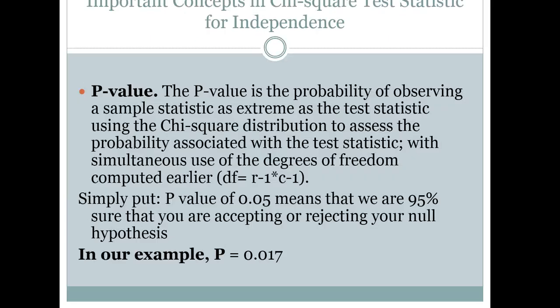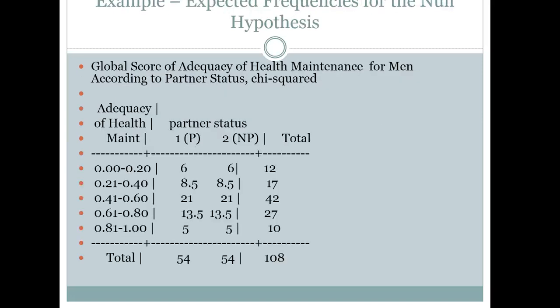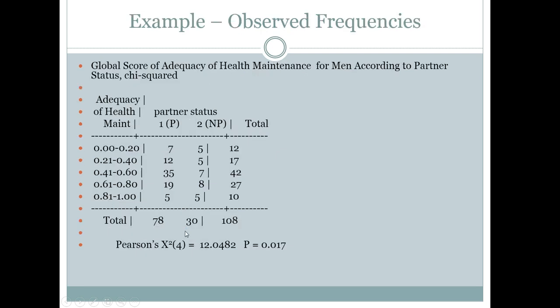So if we go back to our data set, it looks like we have so many partnered status men who are in the third, the fourth, and the fifth quartile. So in the top quartile, you see more partnered men there.